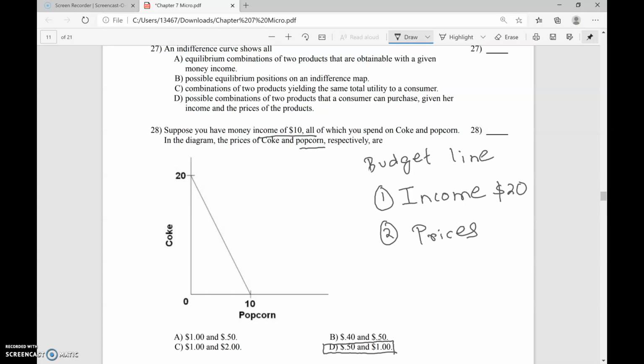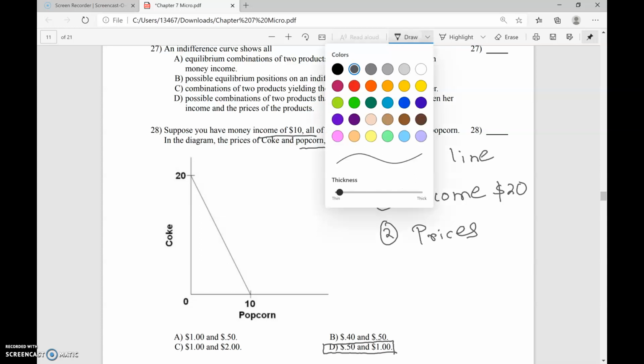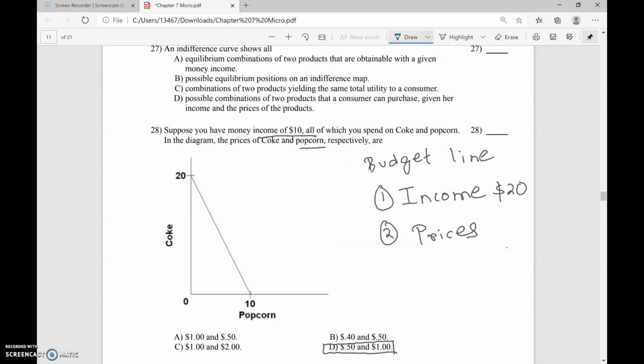So if income is equal to $20 here, and this person decides to spend all his money on popcorn, then he would be able to buy, let me see, the income is $20 over the price of popcorn, which is $1. Then this person could buy 20 units of popcorn.